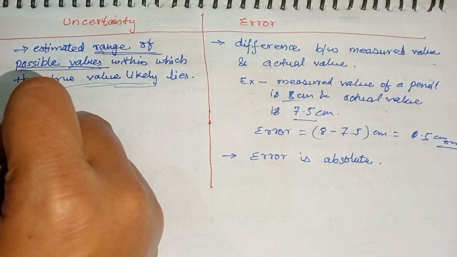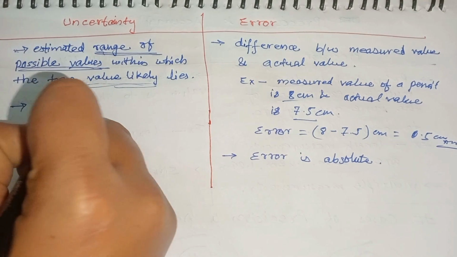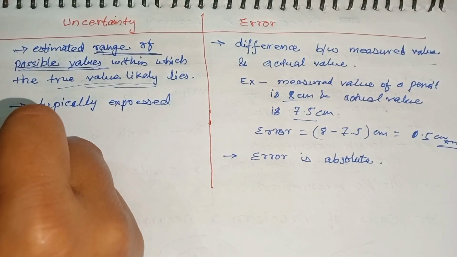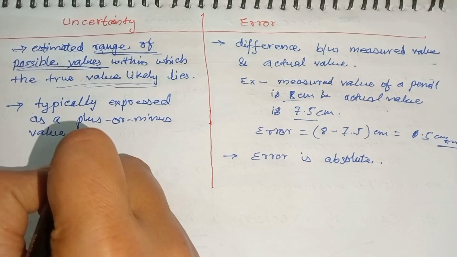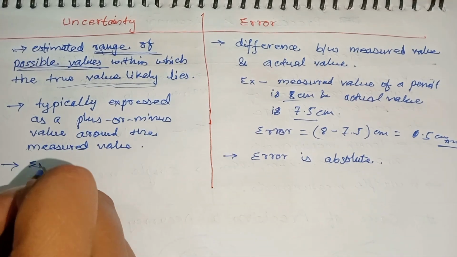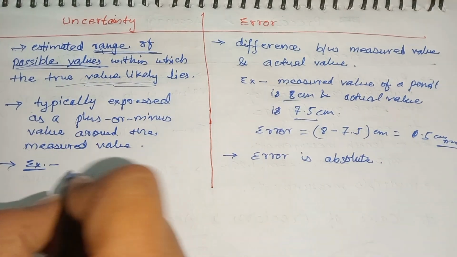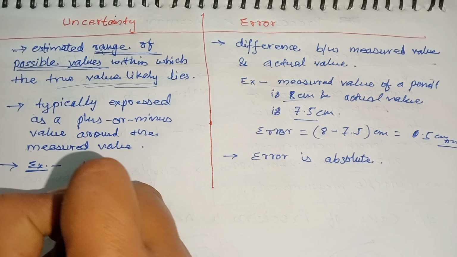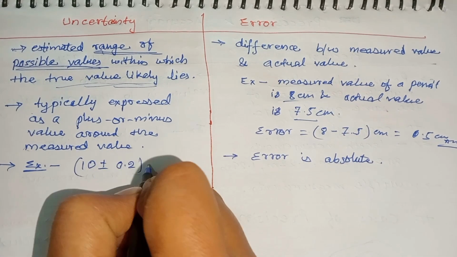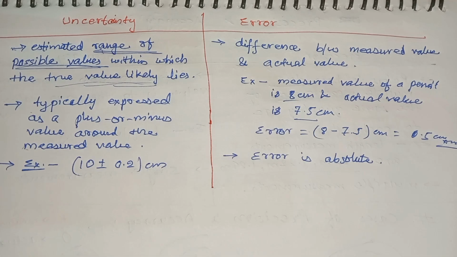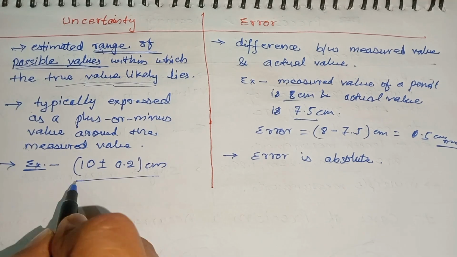How is it expressed? It is expressed as a plus or minus value around the measured value. For example, suppose it is written 10 plus minus 0.2 centimeters. What will we read from this?